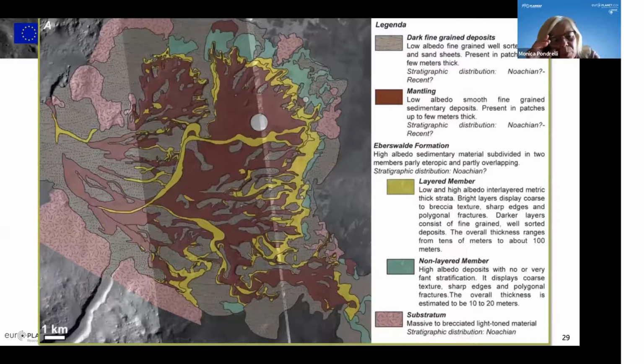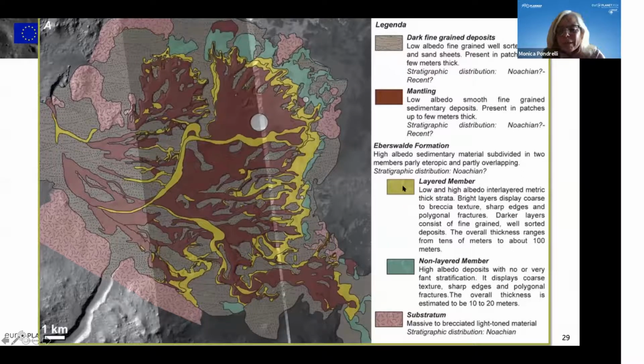And this is an example. This is again Eberswalde. And the map is very different from the previous one, because here we mapped the units trying to be as objective as possible. No interpretation, just a substratum of massive rocks. We even tried to formalize a formation.